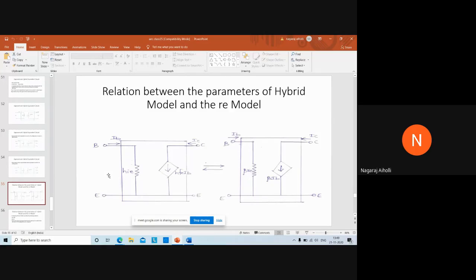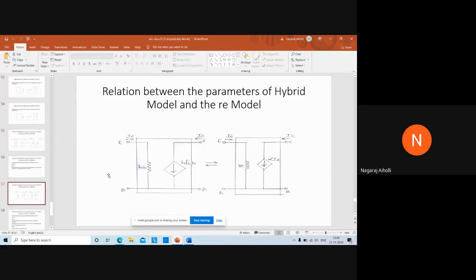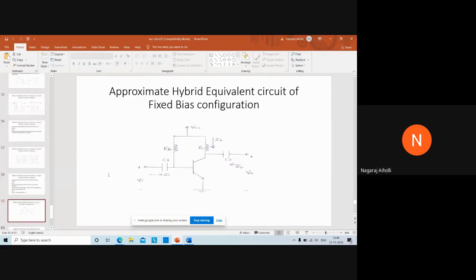From this circuit we got the equations HIE is equal to beta RE and HFE is equal to beta. Then for the common base configuration, HIB is equal to RE and HFB is equal to minus alpha, and alpha is 1. Therefore, HFB is equal to minus 1.